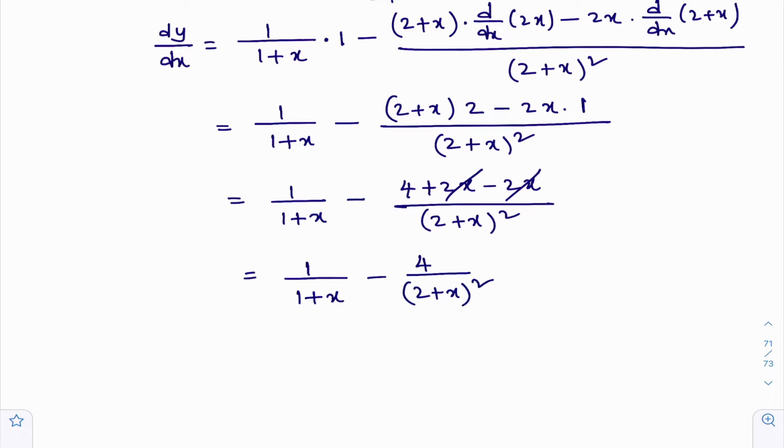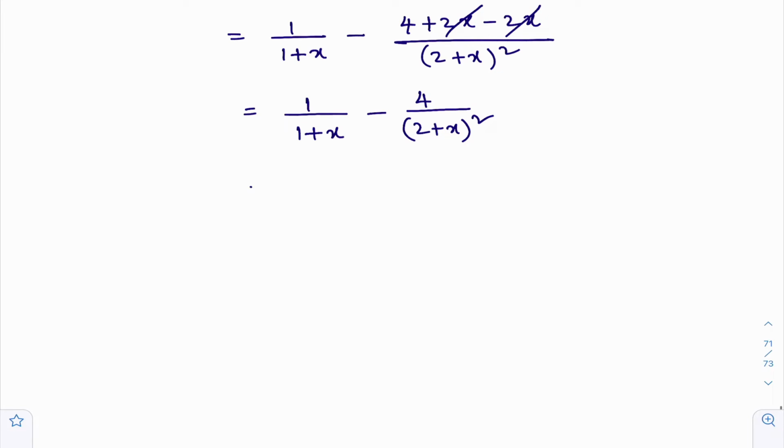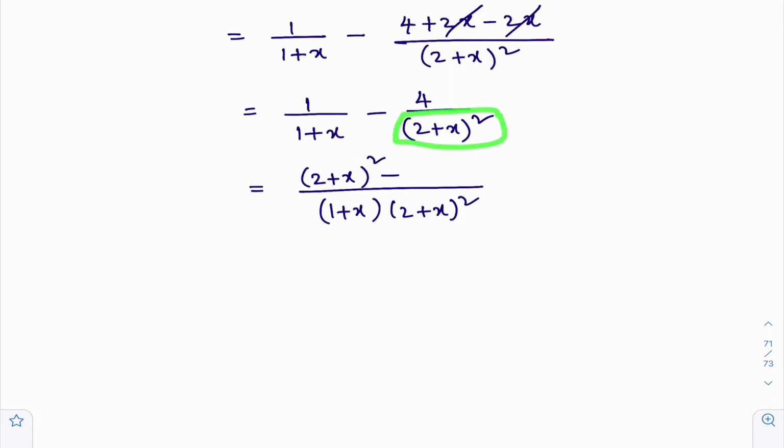You simplify this further. What is the LCM you will get? You will get 1 plus x into 2 plus x whole square in the denominator. Numerator: 1 plus x in this expression, 2 plus x whole square times 1 into 2 plus x whole square is 2 plus x whole square, minus 2 plus x whole square in this 1 plus x time. So minus 4 into 1 plus x.